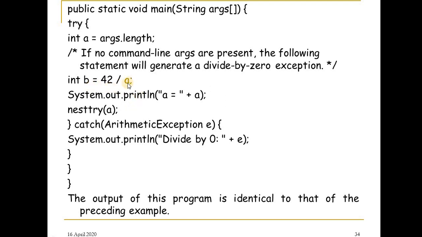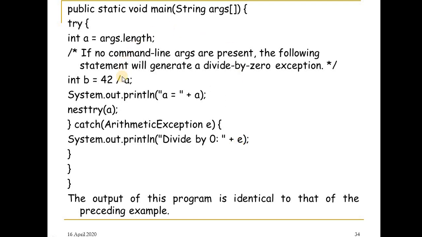When an exception occurs over here, directly the control will get transferred to the catch block, which will handle that particular exception. Since divide by 0 is a type of arithmetic exception, it will catch that exception object e. Next, it will display suitable error messages like divide by 0 and the value of the exception object e.